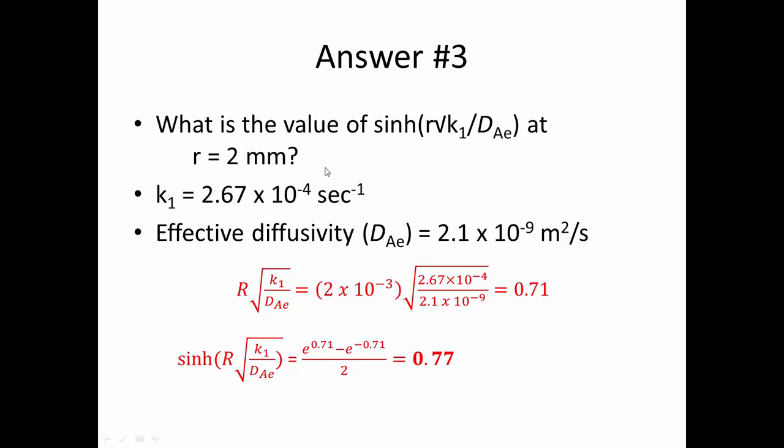So plugging in all the numbers here and changing our units, we get 0.71 for the bottom, and the top value ends up being 0.77. This should actually be a little r, not a big R here.